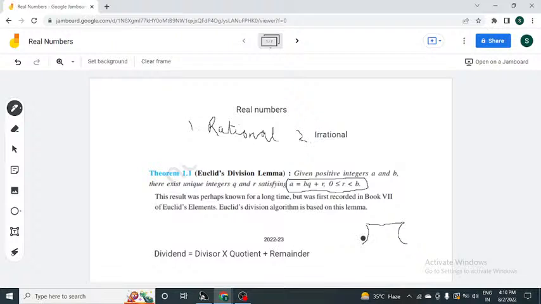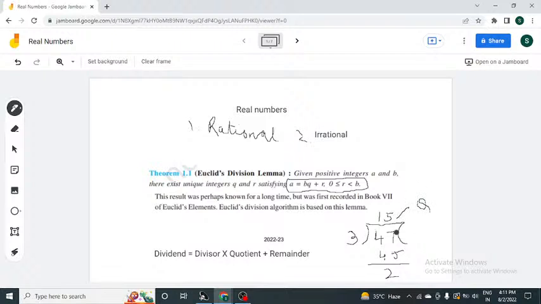For example, if I want to divide, say, 47 by 3, we know that we can divide this, the quotient is 15 and the remainder would be 2.